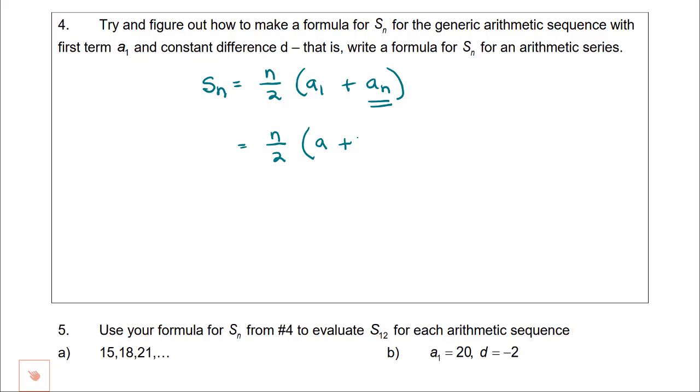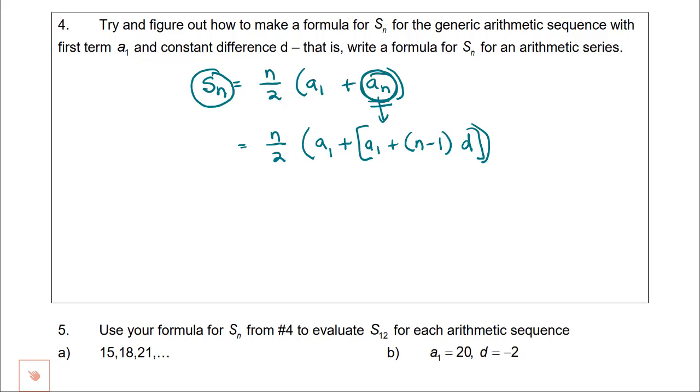What stepping stone do I start at? A1. How many steps do I take? n minus 1. How big are my steps? d. That I can replace the A sub n with this, and it means the same thing, right?